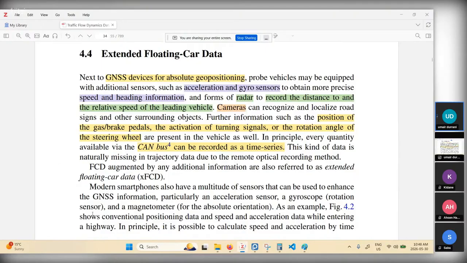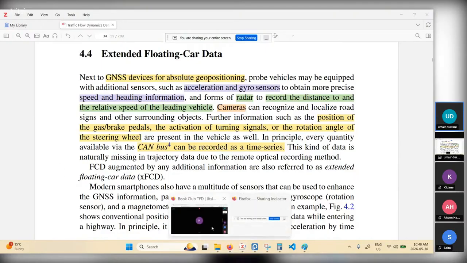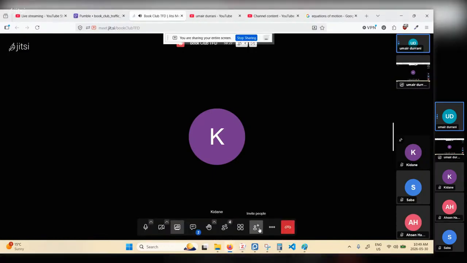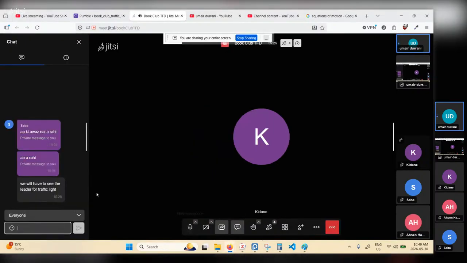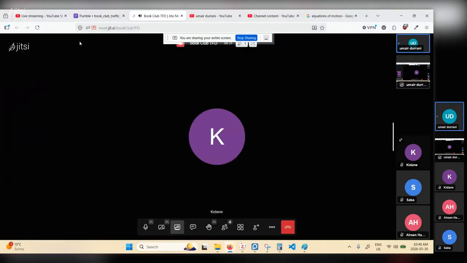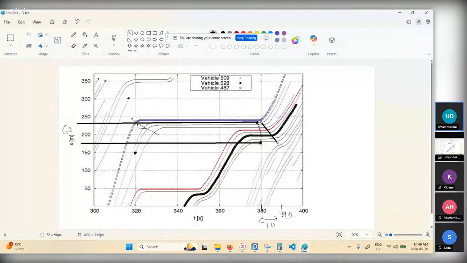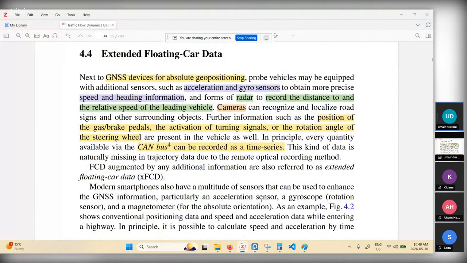All right. Extended floating car data will enhance the current floating car data with more information. Okay, let's go back. So we have discussed GNSS devices and mobile phones that provide you with geopositioning.